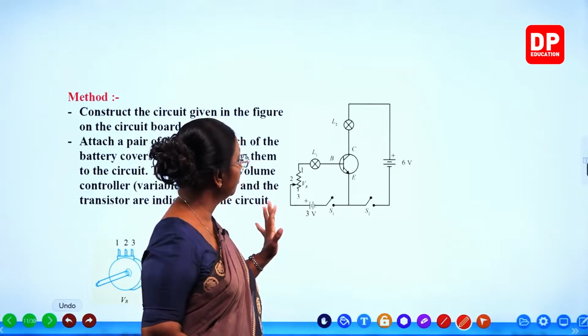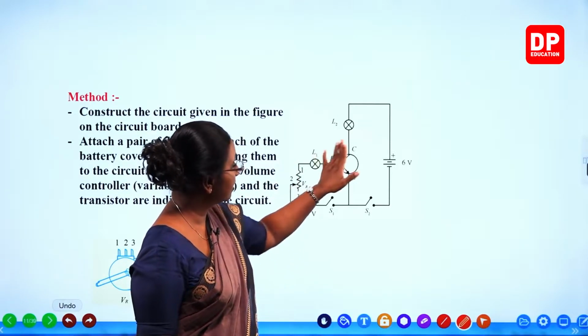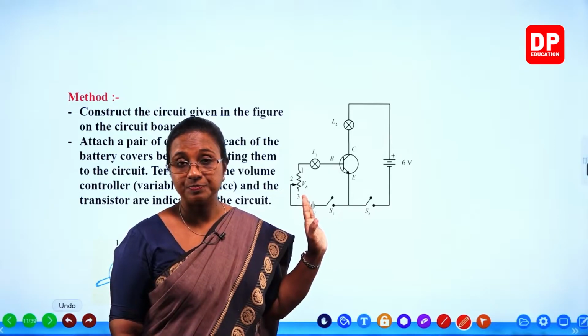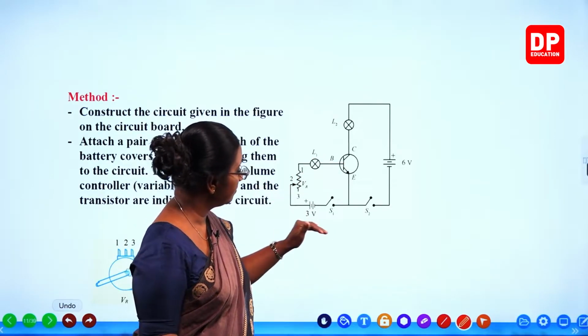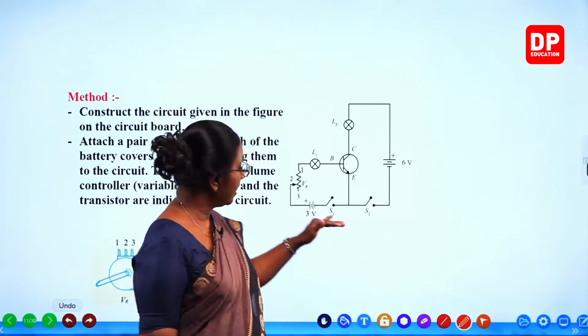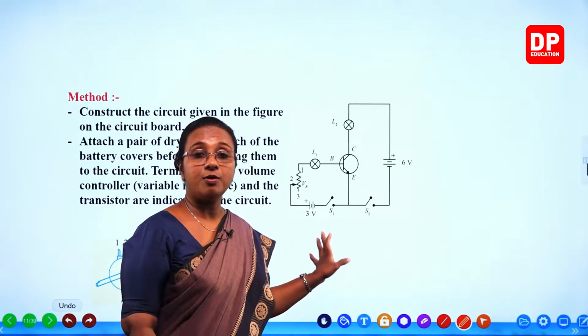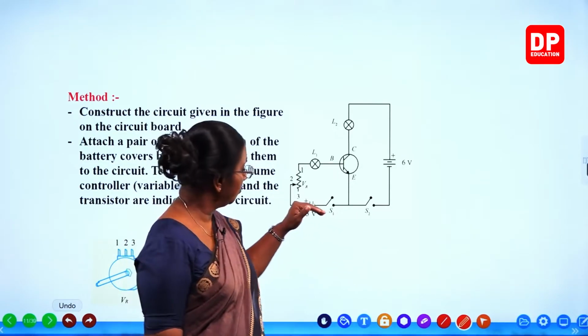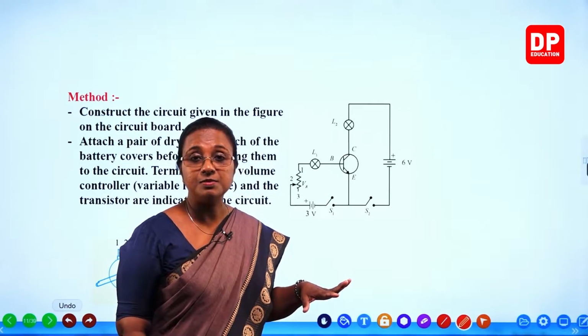Then we need to adjust the volume controller so that the bulbs will light. At the same time, you have to observe the bulbs when both S1 and S2 are open. Then you close S1, keep S2 open and observe the bulbs. You open S1, close S2 and observe the bulbs.